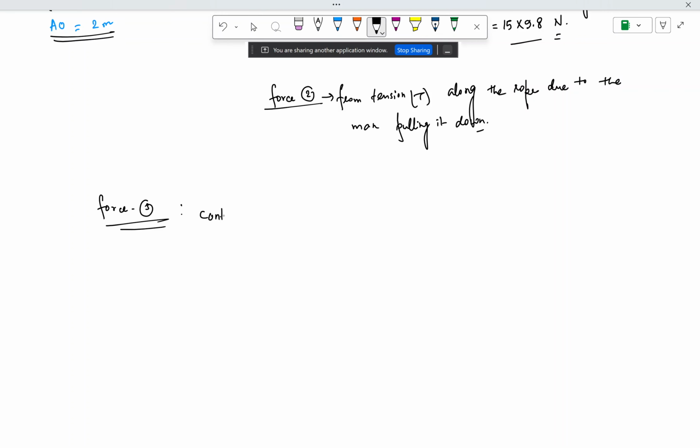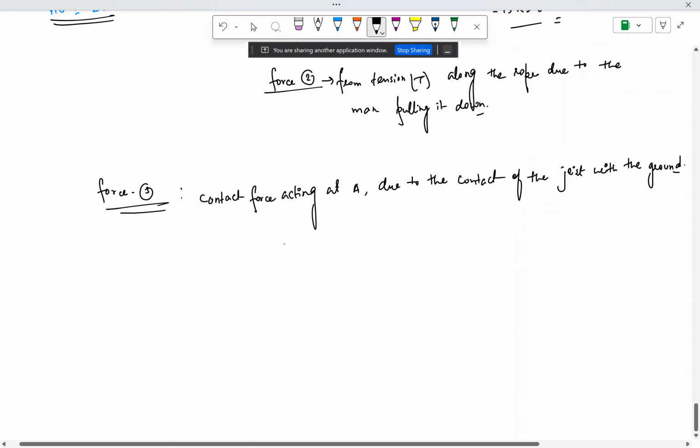Contact force acting at A, which is the only contact point, due to the contact of the joist with the ground. This is force number 3.